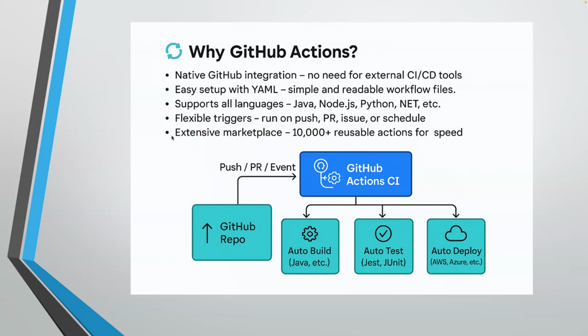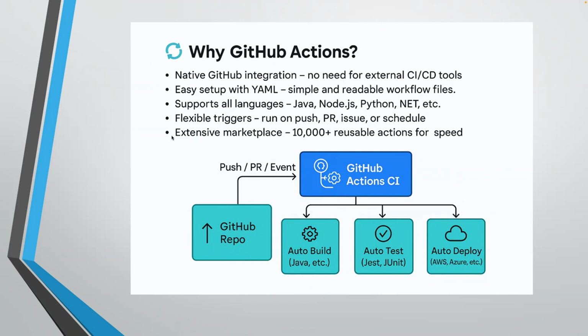So you have various options in order to implement CI and CD, correct? You can use Jenkins, or you can use Circle CI, or you can use Azure DevOps. So you have so many options in order to implement CI and CD. But the great thing about GitHub Actions is GitHub also has this amazing ability to implement CI/CD workflow for the projects that you have already configured in a GitHub repository.